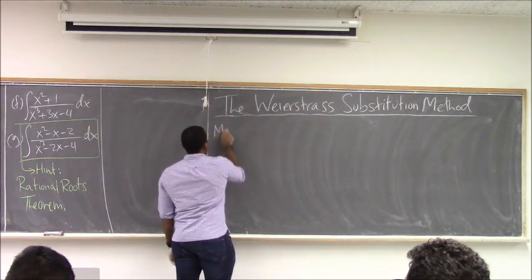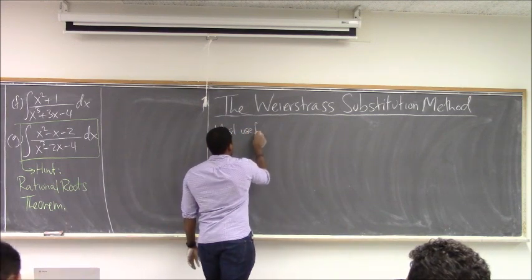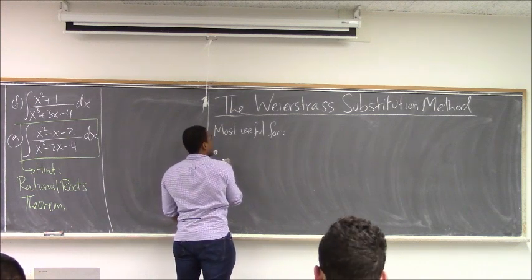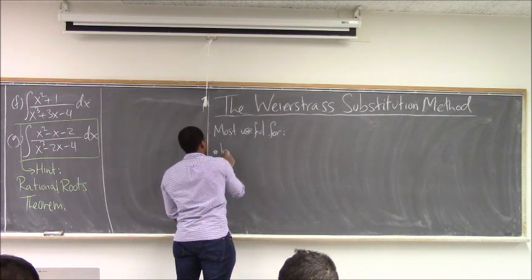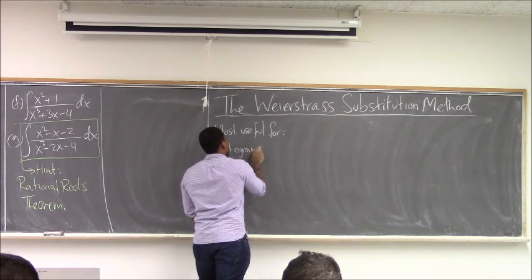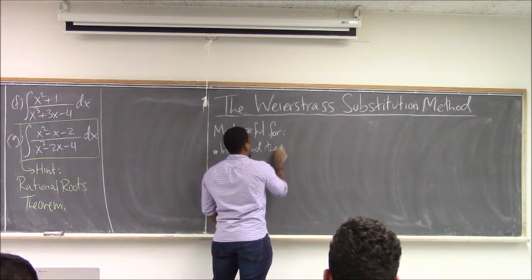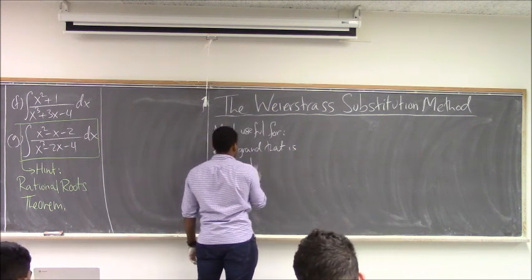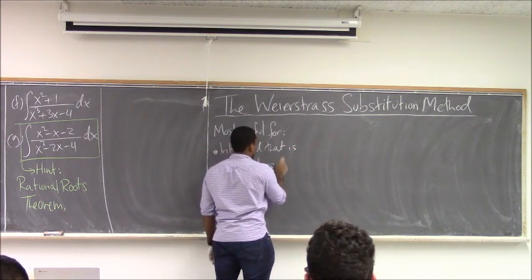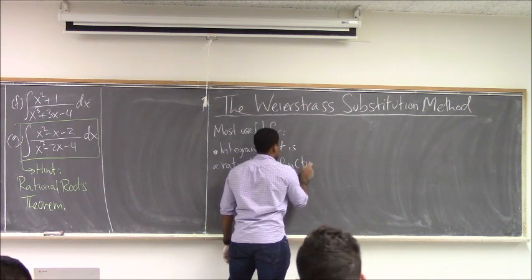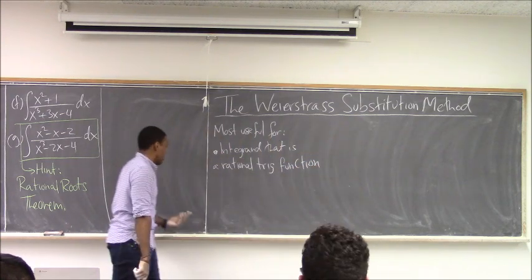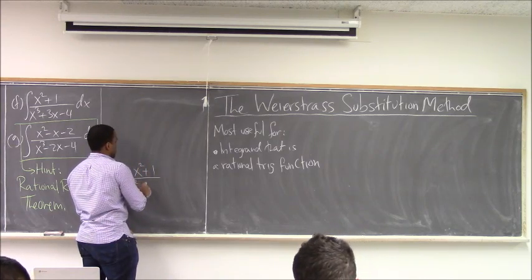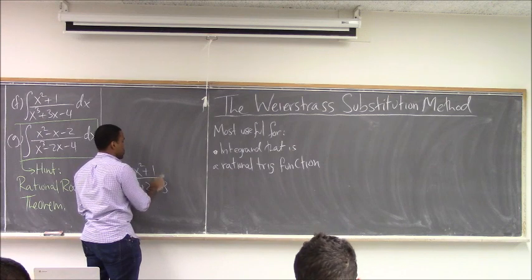So this is most useful if you have an integrand that is a rational trig function. Remember what a rational function is: a ratio of polynomials, like x squared plus 1 over x squared plus 2x minus 3 or whatever.